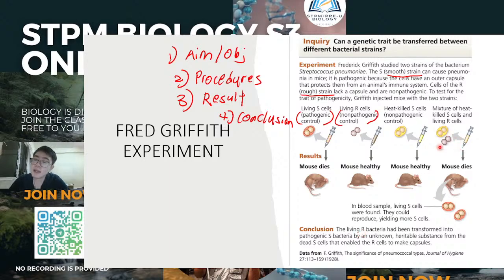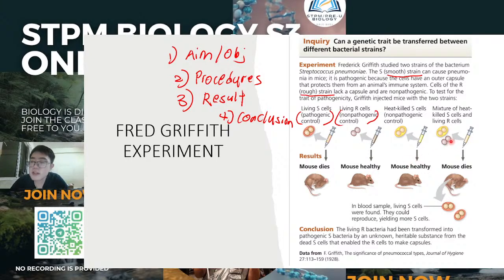So the key point is that the living R cell has been transformed into pathogenic S bacteria, meaning that the R cell is already changed to S cells. Although at the beginning it is an R cell, it got some heritable substance from the dead S cells, enabling the R cell to become active S cells again.